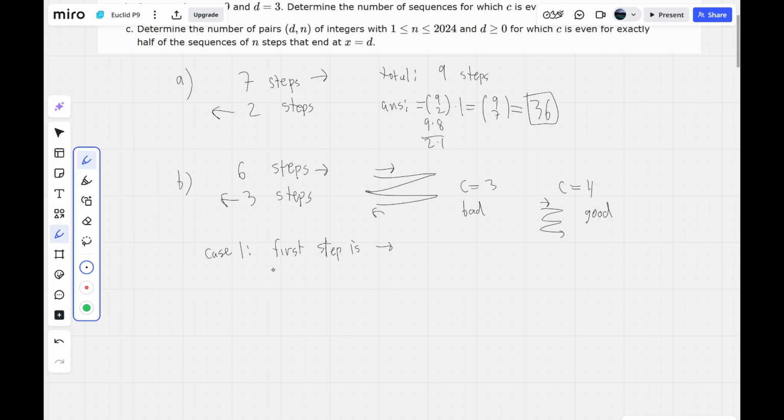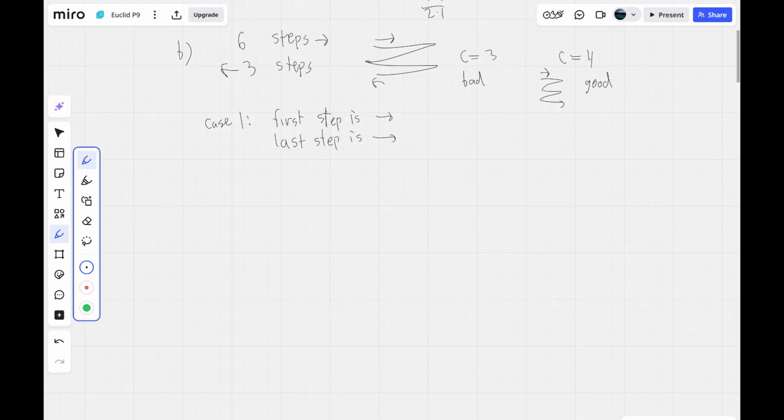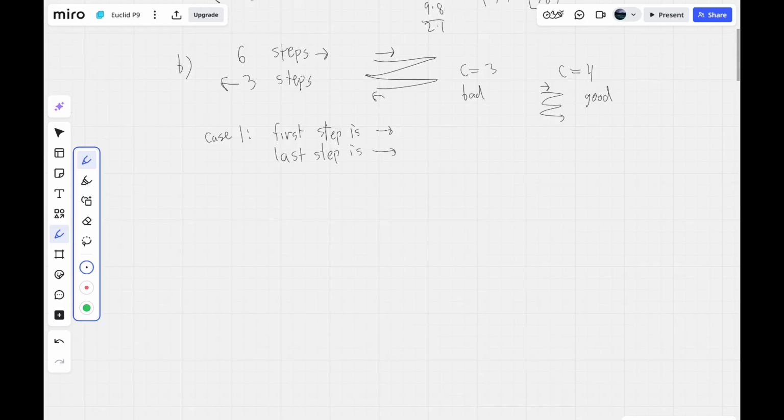That means the last step is also right. Here we can see that if the first step is right and the last step is right, we are making a total of 9 steps, right? That means there are 7 steps left.